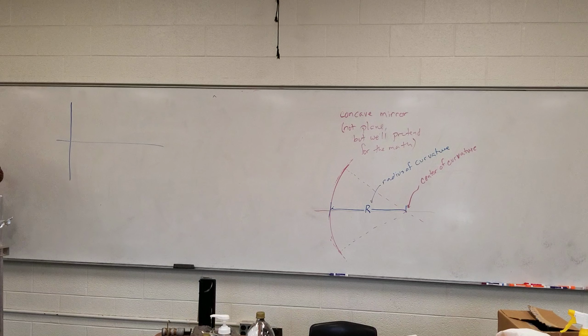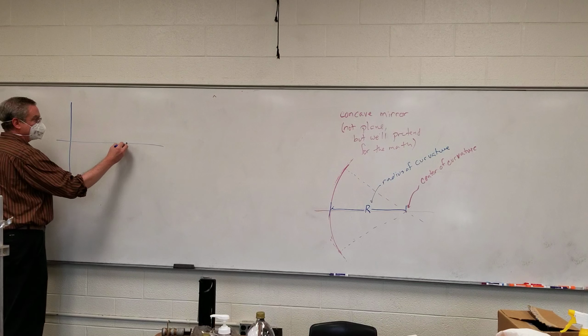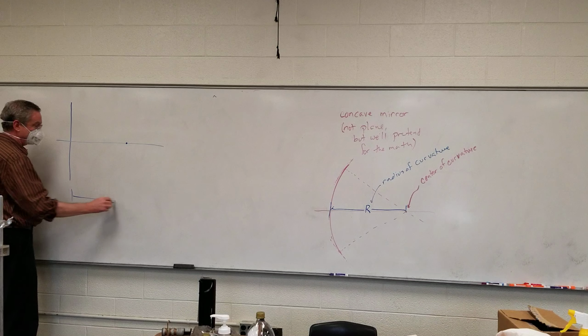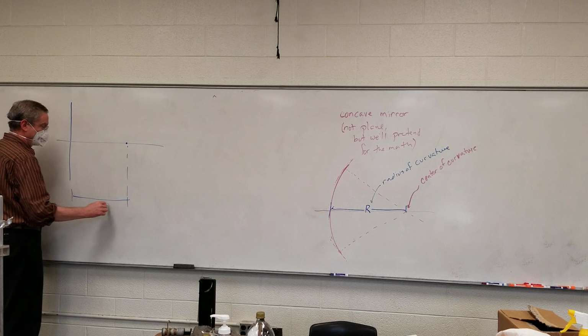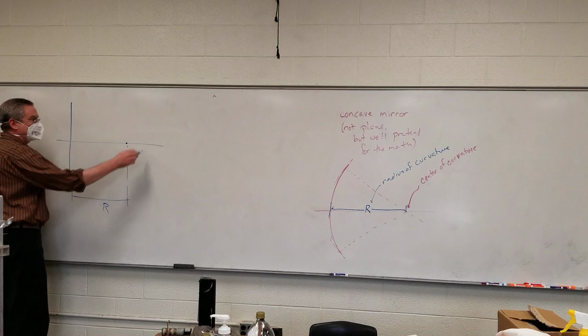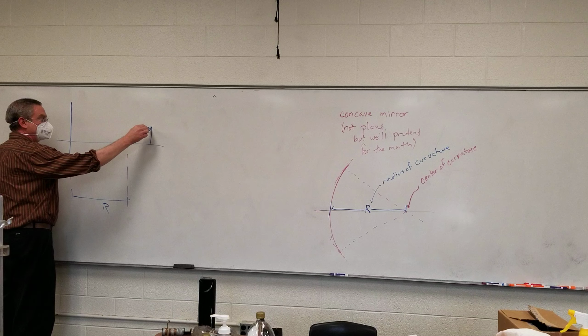So this is what I mean by pretend that it's flat from a math point of view. I'm going to pretend I have a mirror whose radius of curvature is really not too bad. It looks somewhat flat here, with a radius of curvature here. So the distance from this point to this point is r. And I have an object here.